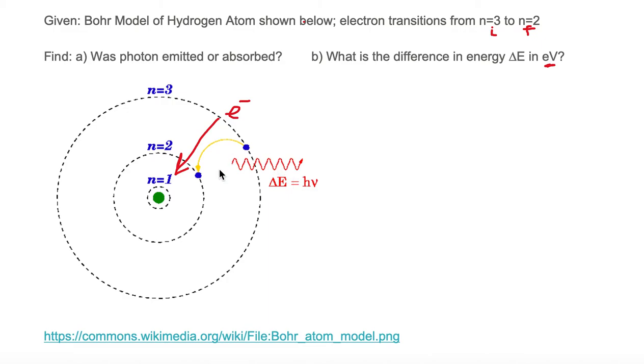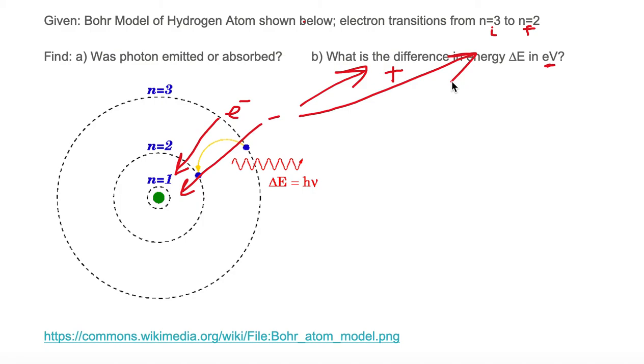The electron didn't get released free. The electron went from n equal to 3 to n equal to 2. It is still being bound by the atom, and since going towards the nucleus is negative, and the outward direction is positive, we do not have an electron that's being emitted freely from the system.